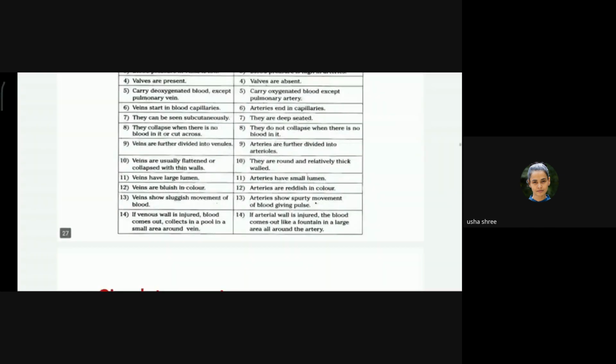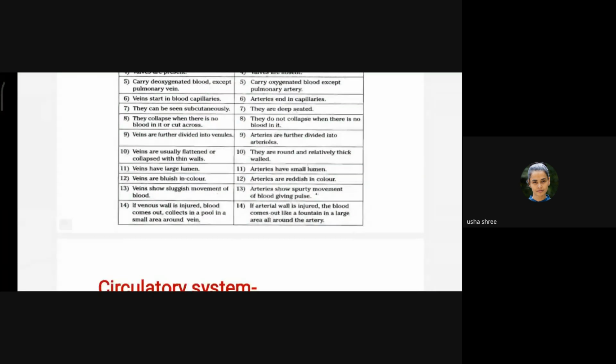Veins have large lumen, arteries have small lumen. Lumen means the inner wall of a vessel or any organ. That is lumen, means the innermost part where mucus is present. Okay, so that is lumen.